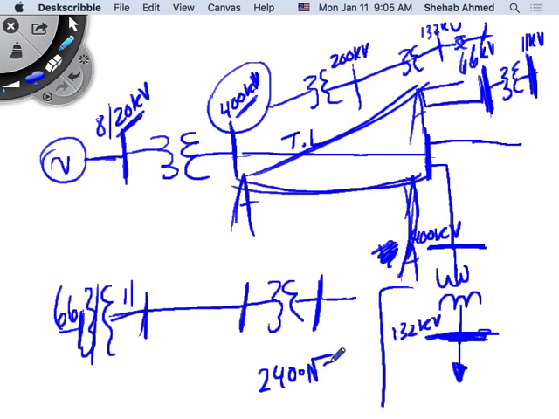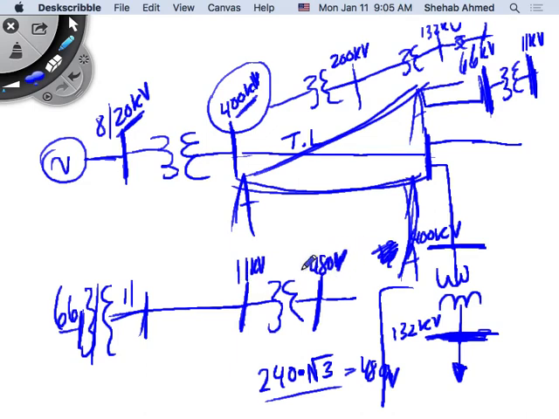Take this, multiply by square root of 3. We will review that, but I just wanted to make sure some people are aware. So 240 times square root of 3 is going to be about 480 volts, I think. Right? So that's 480 volts. So this transformer now, 66/11, that's the big one in the building behind city center. And this will be 11 kilovolts, 11 kilovolts to 480 volts.